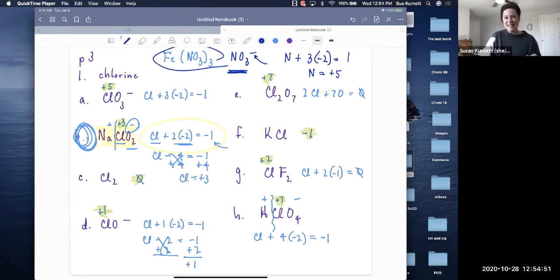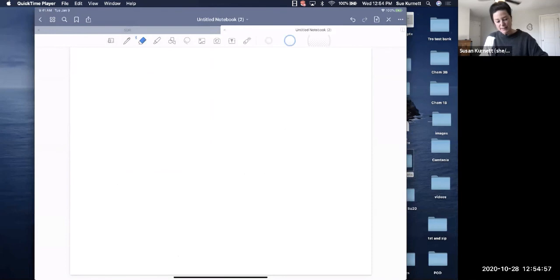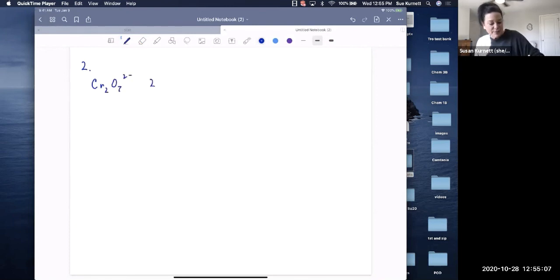Okay, so we're running out of time. I'm going to go ahead and do number 2 real quick. Let's look at the chromium in dichromate. We're looking at the element on the left. There's 2 chromiums and 7 oxygens.